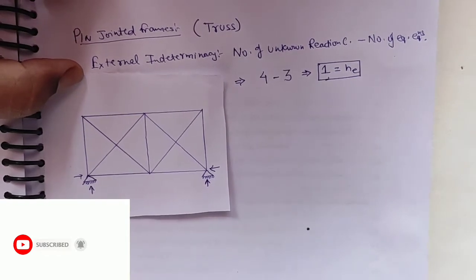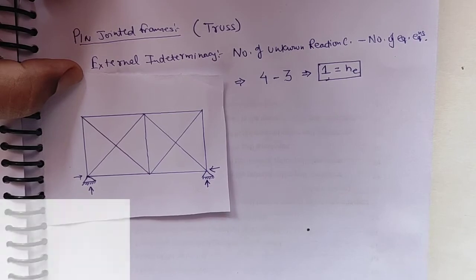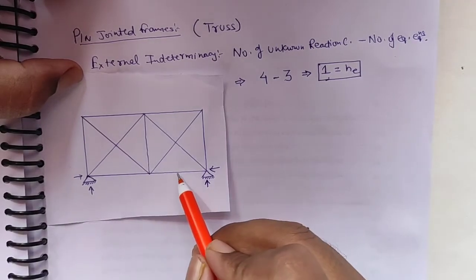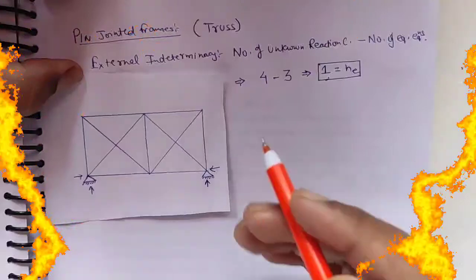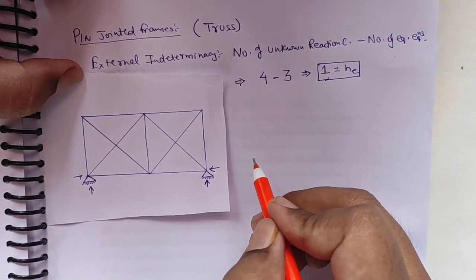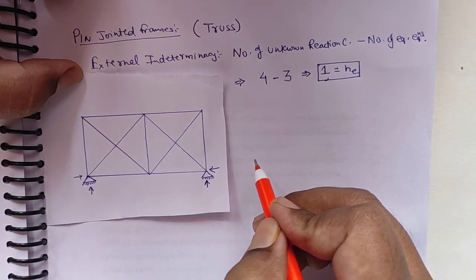Just by finding the reaction components, we cannot say that we have completely analyzed this type of truss. We also have to find the stiffness of the truss, that is, whether the truss is internally stable or not. The number of excess members provided beyond the required stable configuration constitutes the degree of internal indeterminacy.